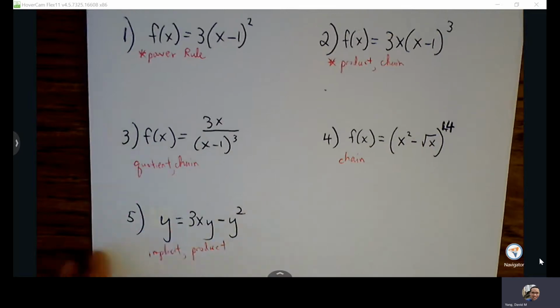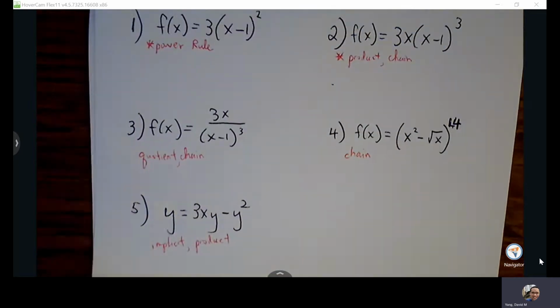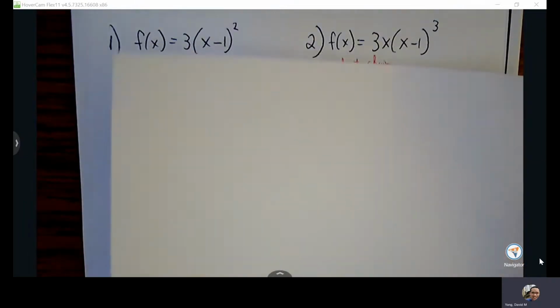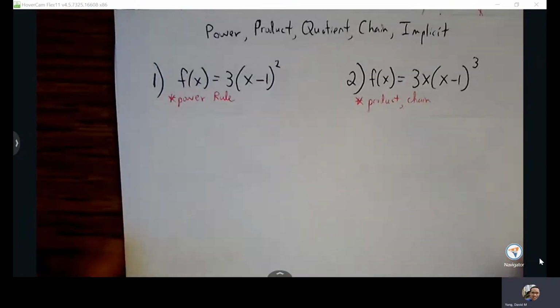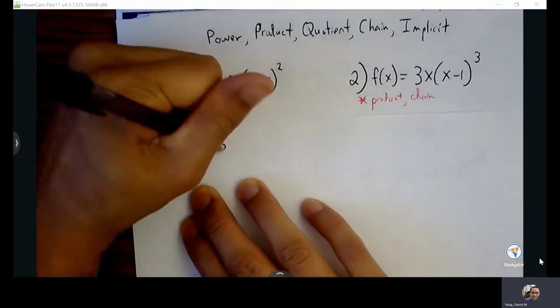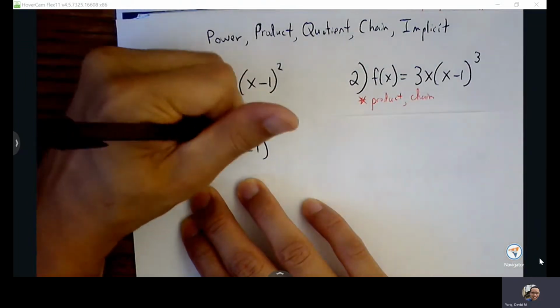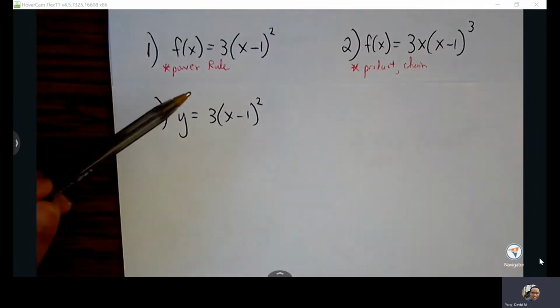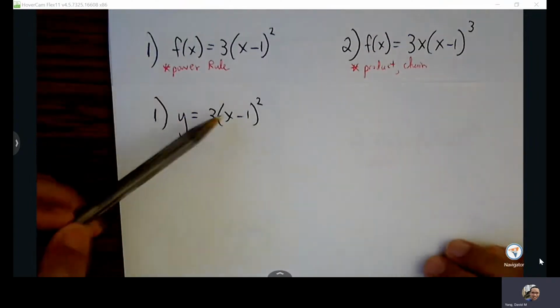Okay, so let's look at number 1. So number 1, we have y is equal to 3 times x minus 1 squared. This is similar to what you saw on your quiz.